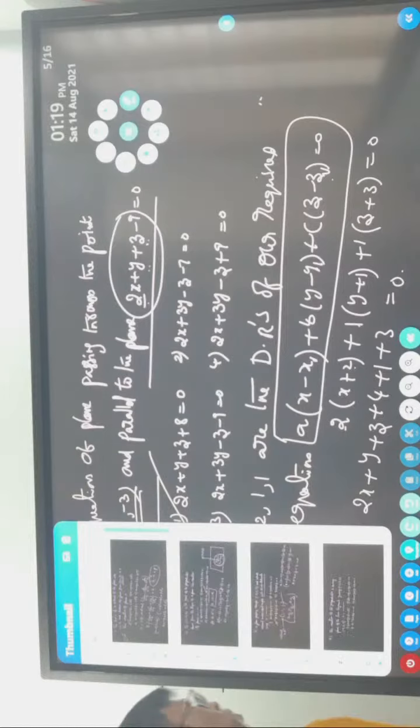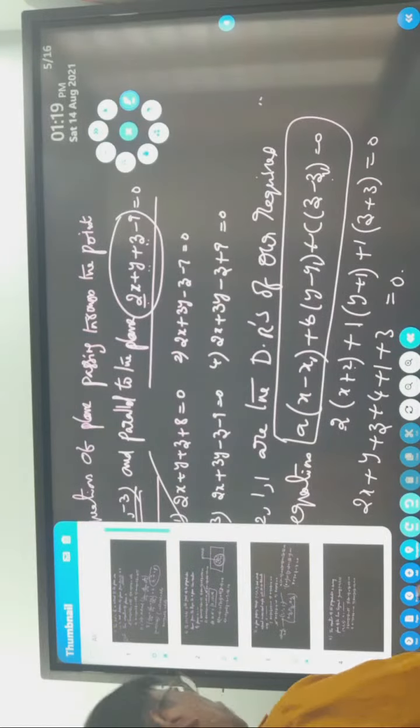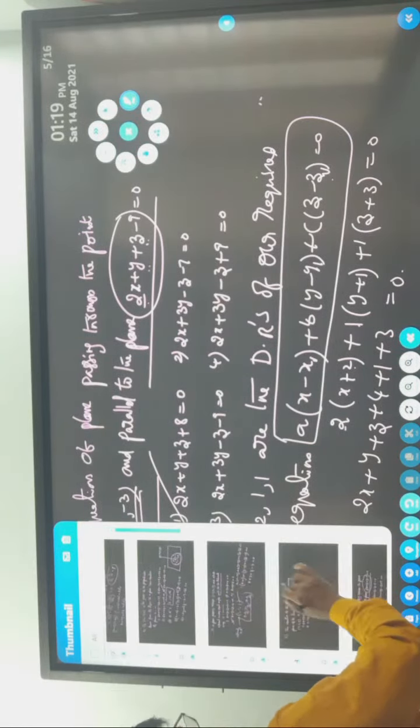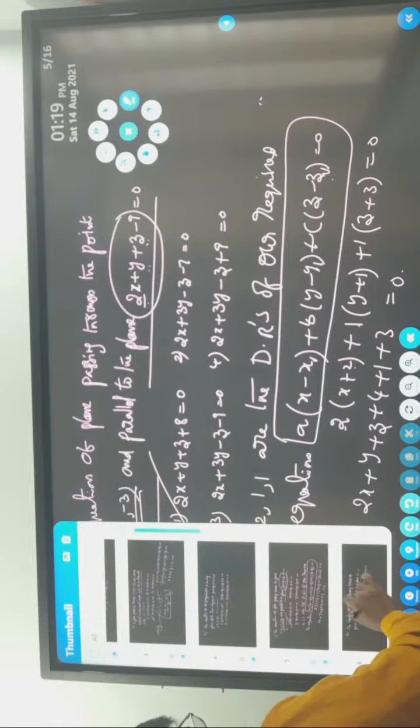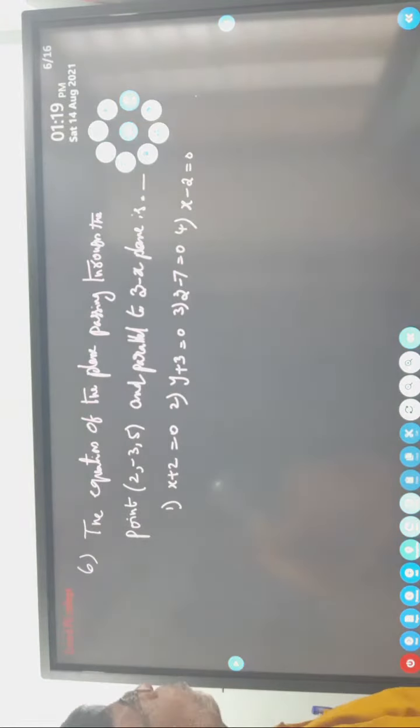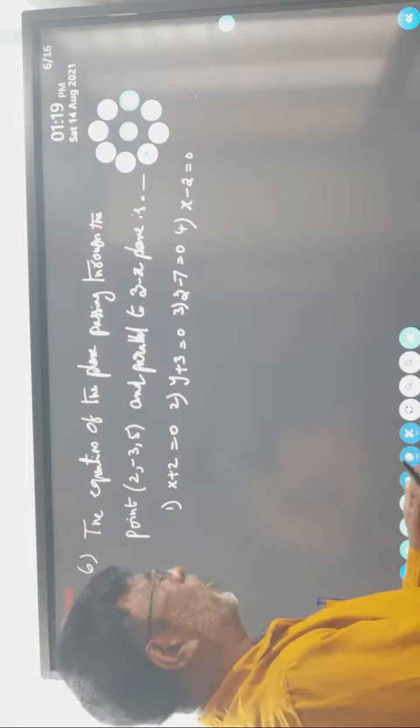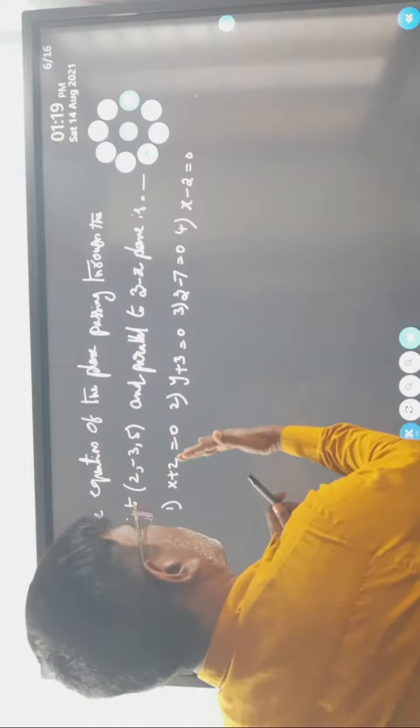Now, let me explain another question. Write this: the equation of the plane passing through the point and parallel to the zx plane. I told you already about the zx plane.